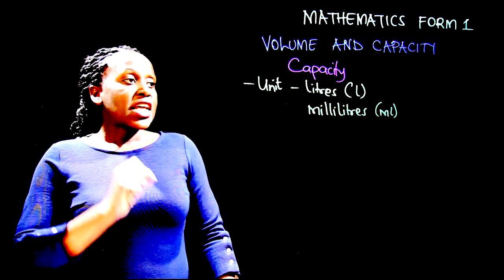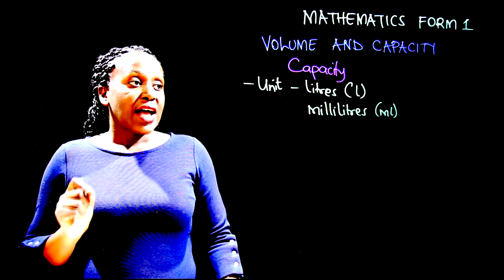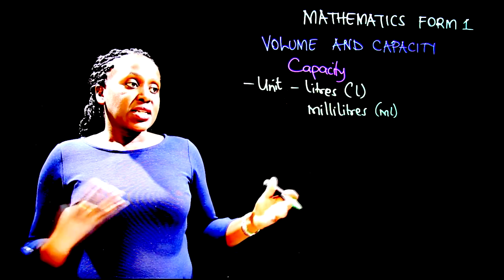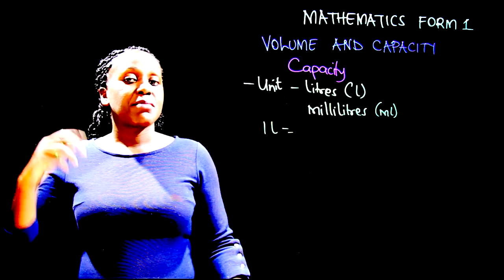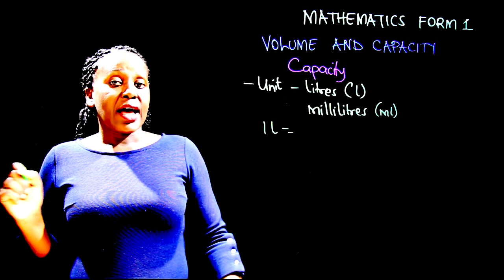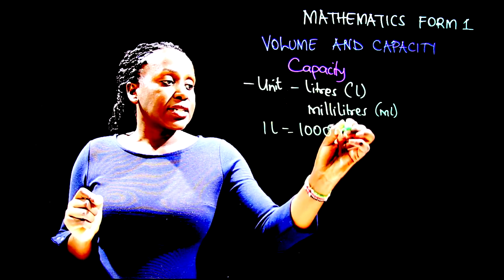So there's a relationship between milliliters and liters, where liters is bigger than milliliters. So 1 liter is equivalent to how many milliliters? 1 liter is equivalent to 1,000 milliliters.